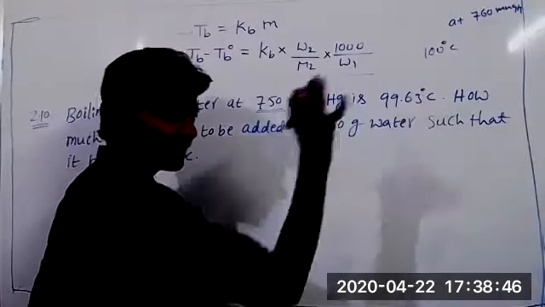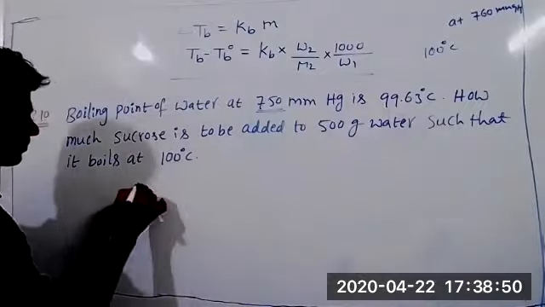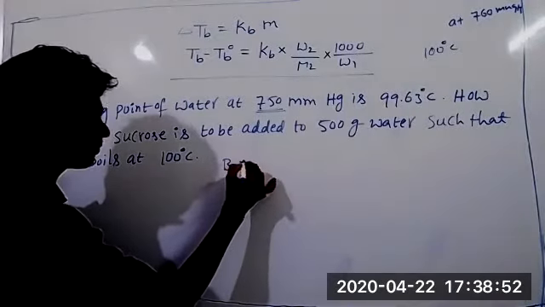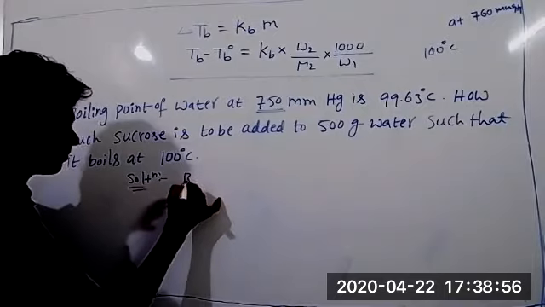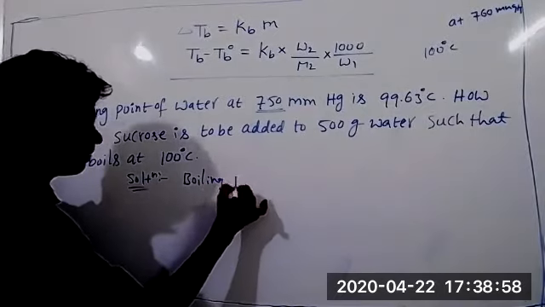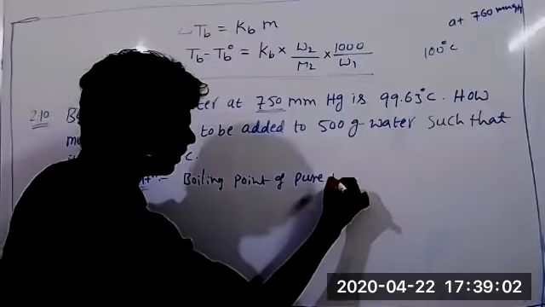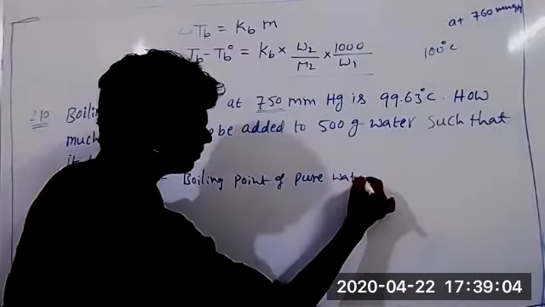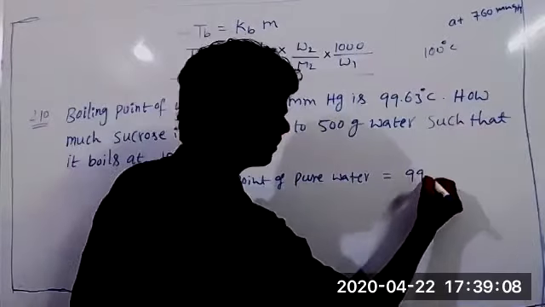So this is what we are considering as the boiling point of pure water, equal to 99.63 degrees centigrade.